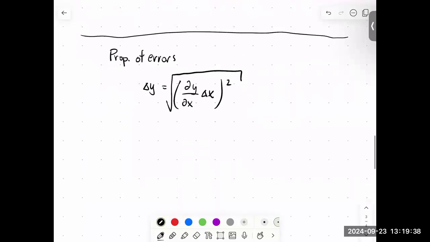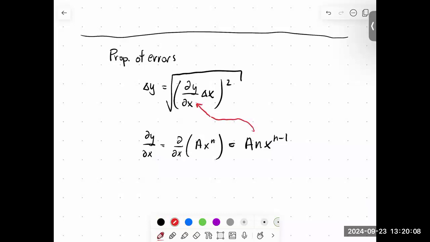Okay, so dy/dx is going to be d by dx of a x to the n. A is a constant, so we're just going to get that constant. And then what's the derivative of x to the n with respect to x? That's right. Okay, so that's all of the work.